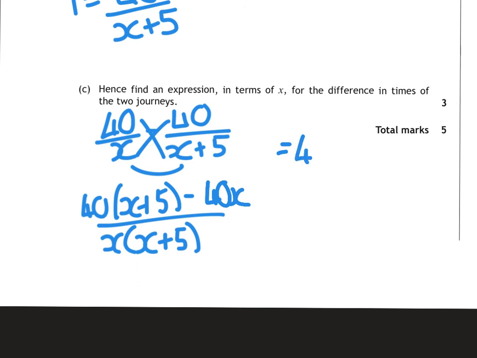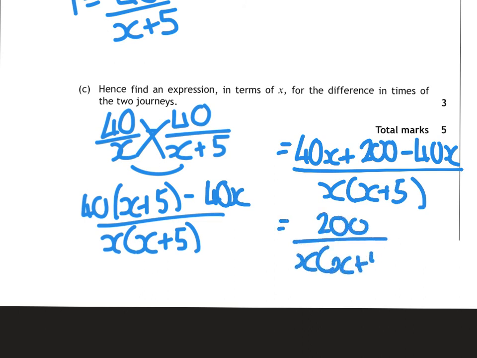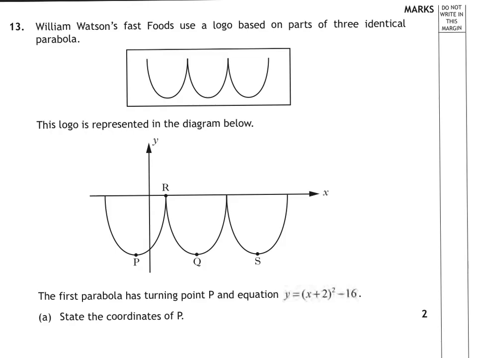Times that out, so you've got 40x plus 40 times 5 is 200, take away 40x all over x bracket x plus 5. The 40x's disappear, so you're just left with 200 over x bracket x plus 5. So that, my friends, is an expression for the difference in time. Don't like that question at all.